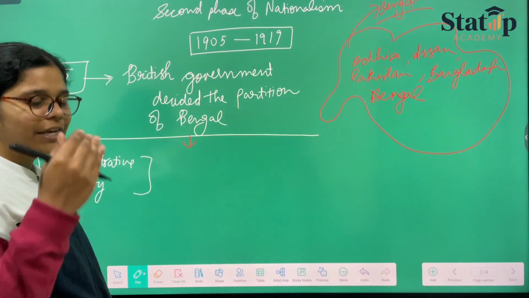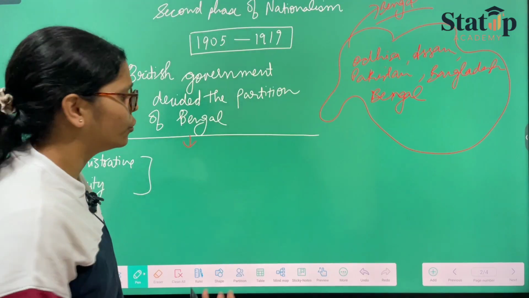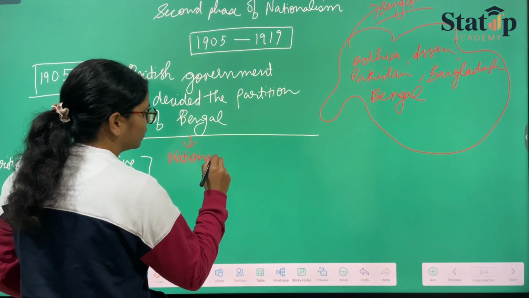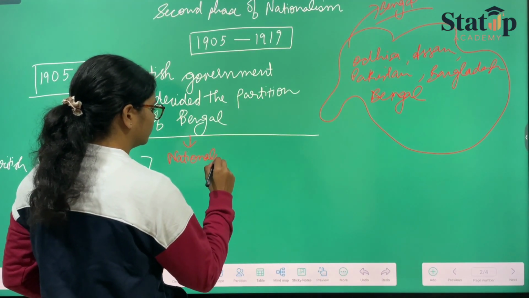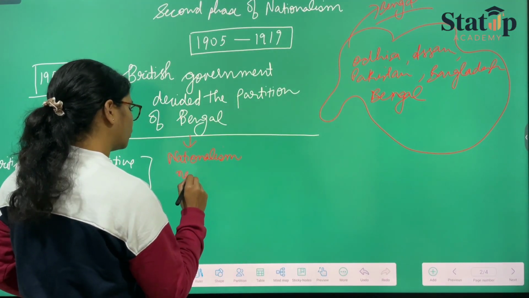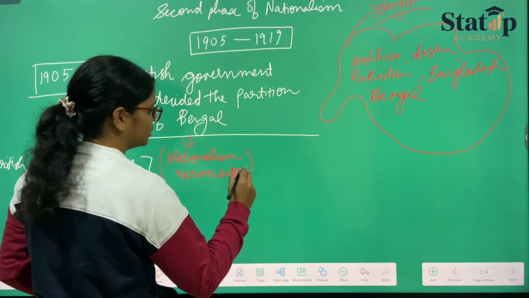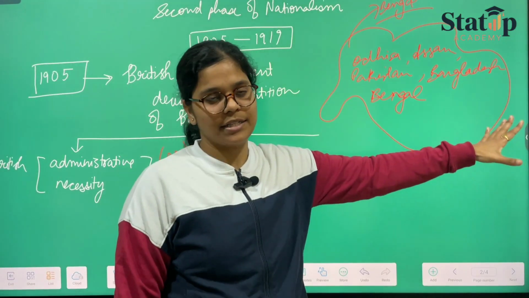So, the major reason we have got to know was nationalism. It was the central nerve for the rise of nationalism, as it was a big state.